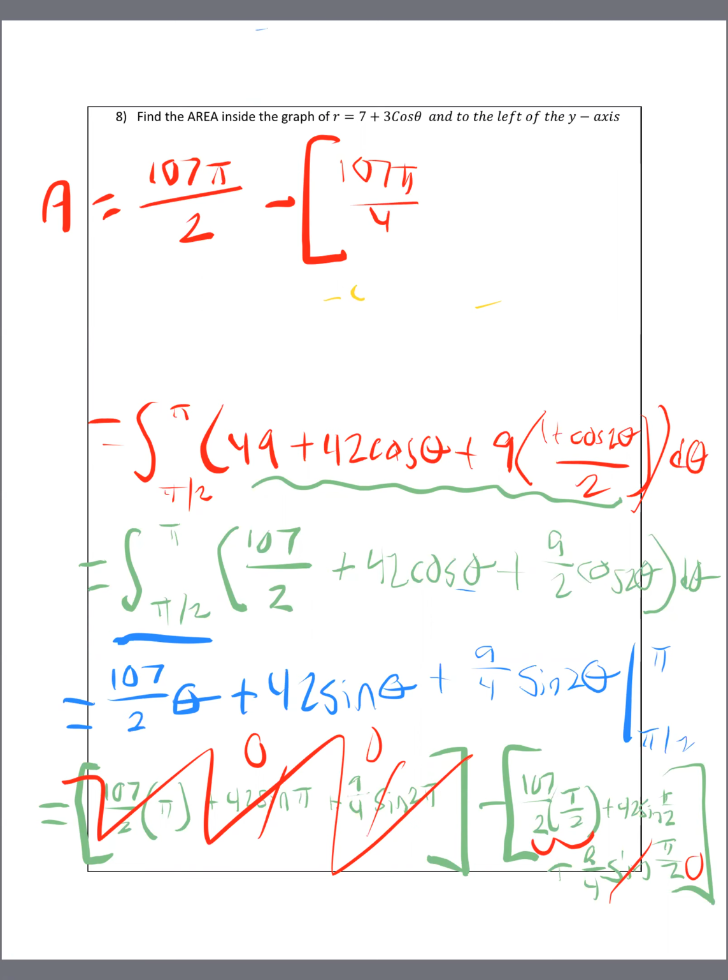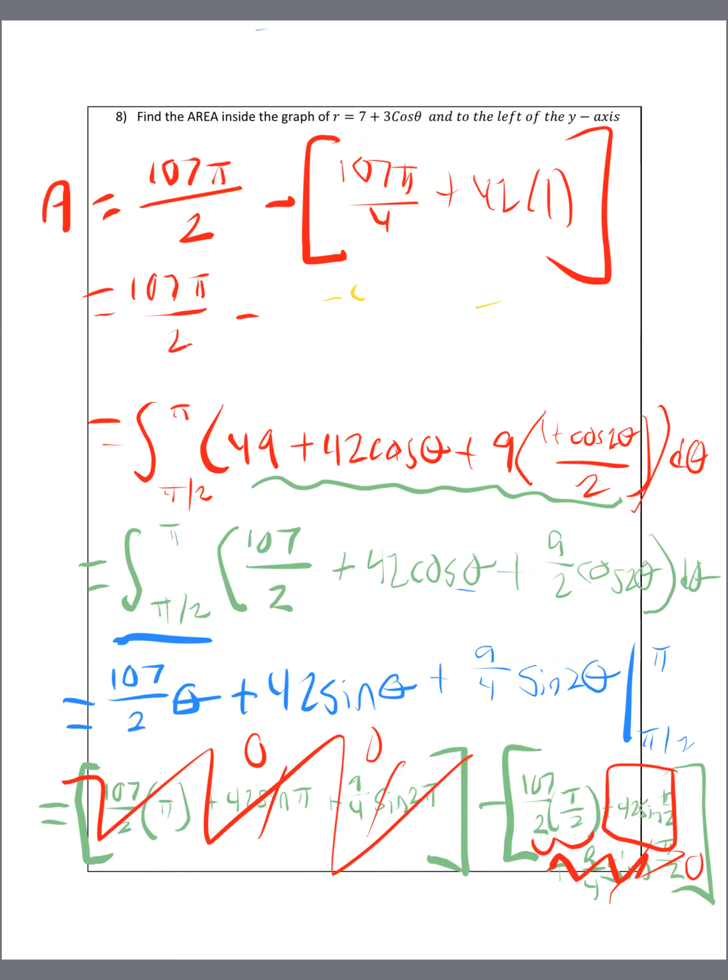This is this term over here. We're not looking at this. All we have left is a plus 42 sine of pi over 2, which is really 42 times 1, because sine of pi over 2 is 1. We have 107 pi over 2 minus, now let's go term by term, 107 pi over 4 minus 42.